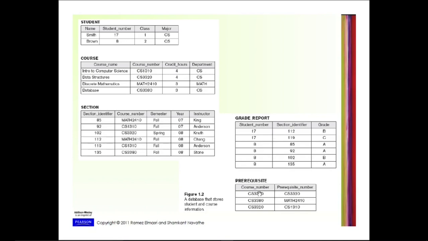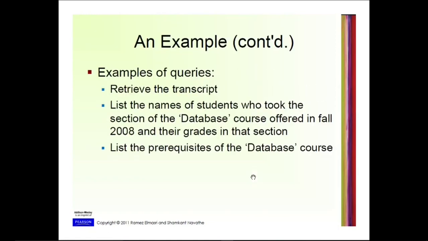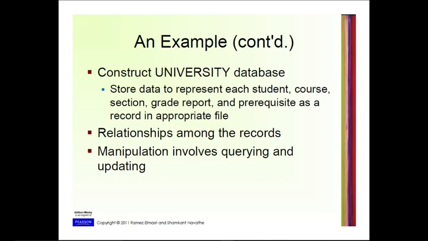That means if some student wants to do a course, what are the prerequisite subjects? Let us not call it a table for now. Let us call these records. So this is the student record, course record, section record, grade report record, and prerequisite record. This is the university database in the most simplified, most trivial way.